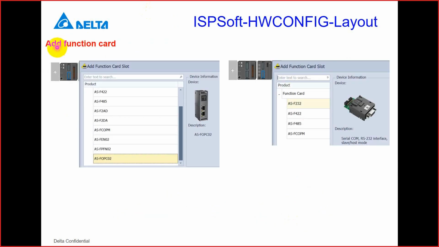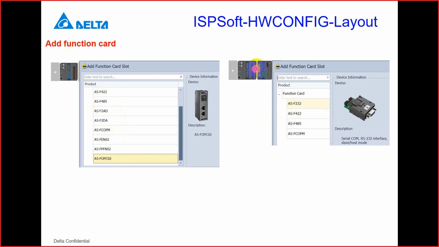And here is about how to add on the function card. As I mentioned in the morning, for AS300 PLC, we have 2 function card slots. For the first one, if you click, you'll find only a limited selection, like Modbus serial and the analog function card, available in slot 1. Later I can also show you, but if you click slot 2, then you will see more.